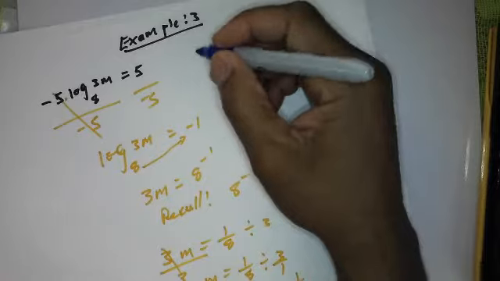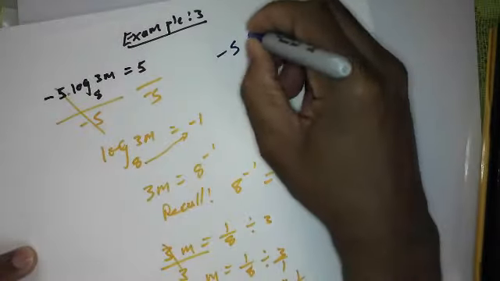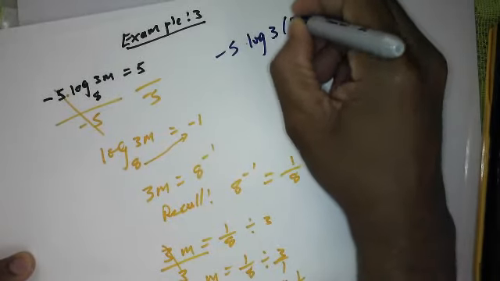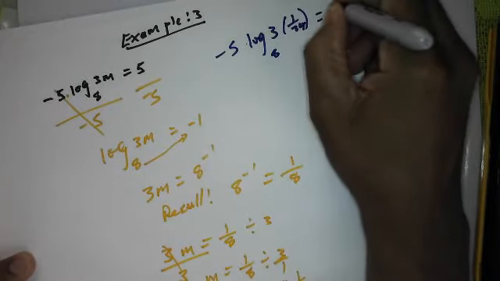And again, we can prove this. So negative 5 log 3 times 1 over 24 base 8 equals 5.